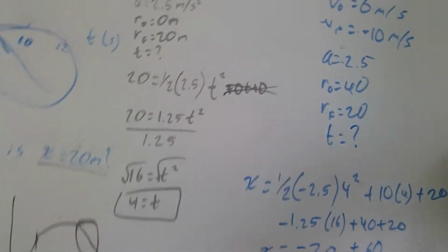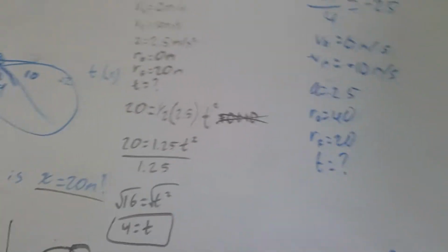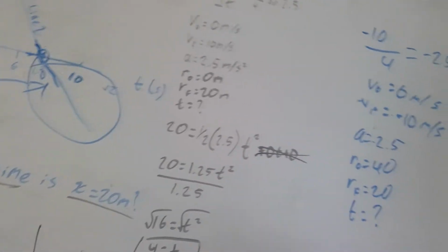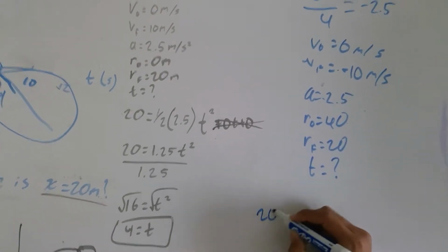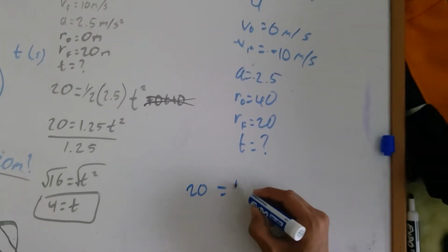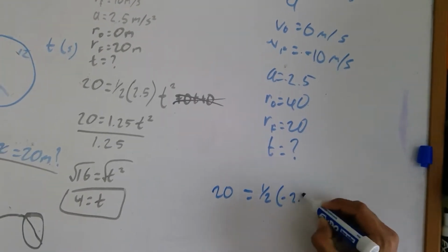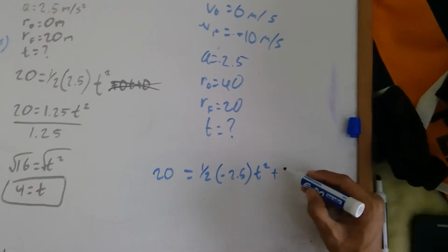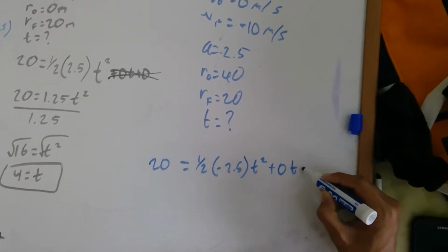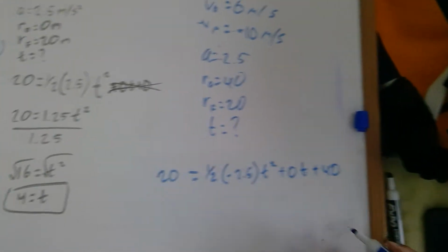Plugging all these values in, we find that 20 is equal to 1/2 of -2.5 t squared plus 0t plus 40.